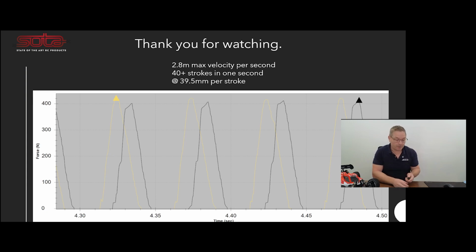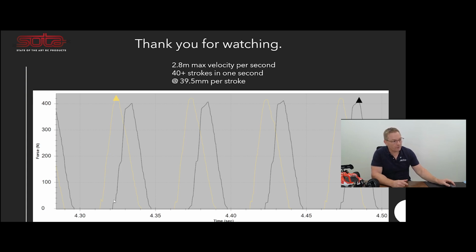This thing was absolutely cooked after just a few seconds there, and you can see this is 4.3. This is a snapshot of 4.3 seconds through to 4.5 seconds, and you can see the number of strokes, both compression and in rebound, which you can't quite see.